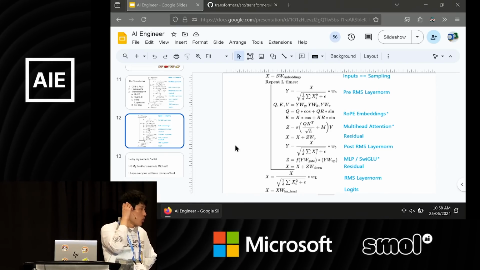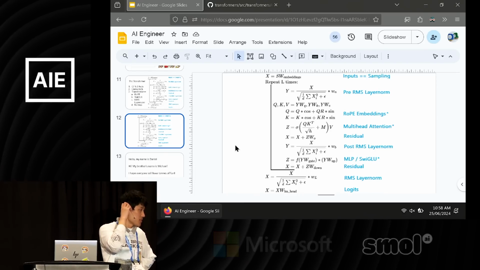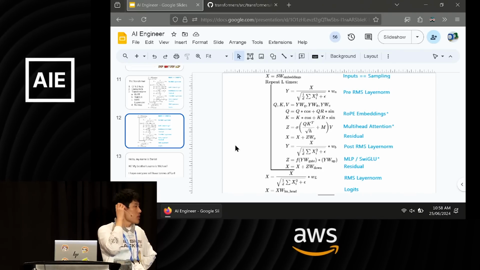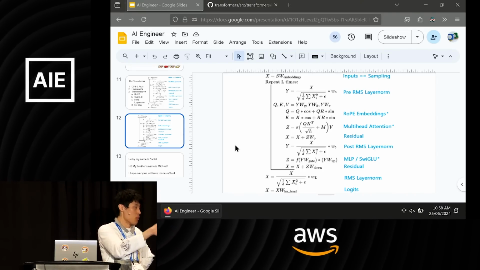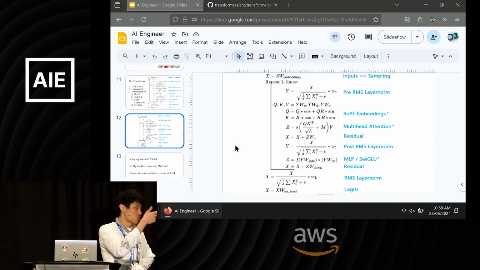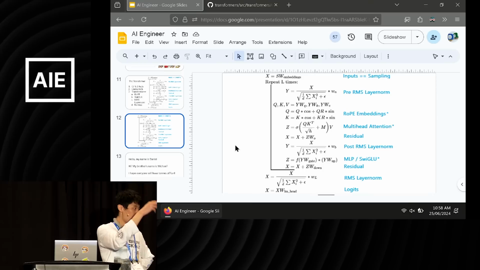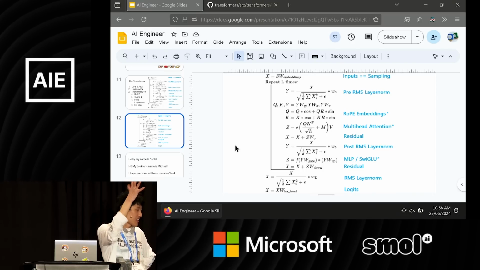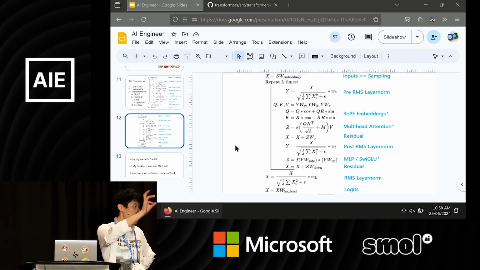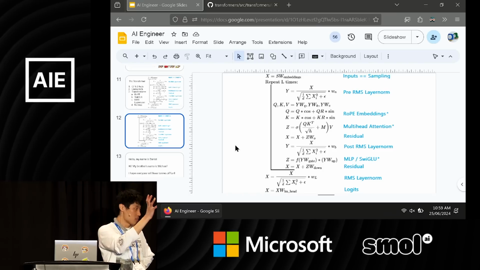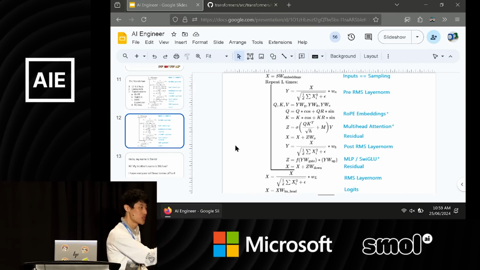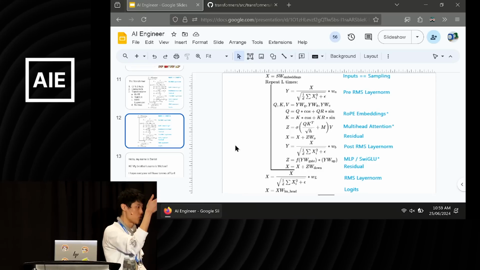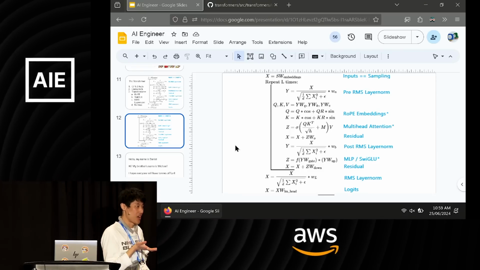So my view of layer norms is, let's say you take a number, 2, you multiply by 2, you get 4. Remember there's 32 layers, right? If you multiply by 2 continuously, you will get infinities in the end, because you go out of scope of the float 32. So what layer norm does is it makes your number go back to a good scale. 2 times 2 is 4, let's divide it by 4, go back to 1.